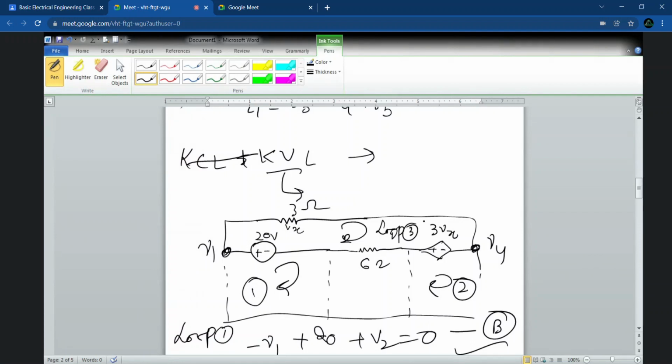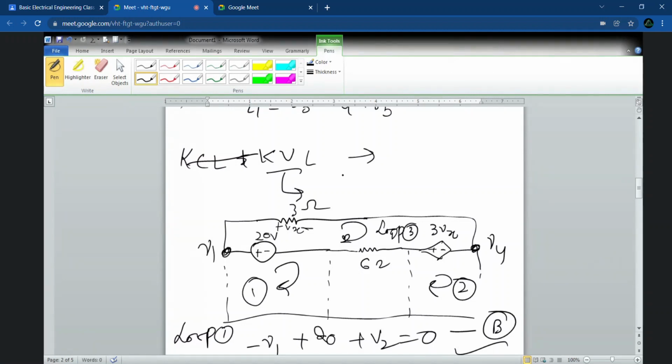So minus 3Vx, that is this voltage, because this is positive and this is negative. So Vx minus 3Vx. Okay? And what's next? 6 into I3. So plus 6 into I3. Then minus, now here it is minus to plus, so minus 20 is equal to 0.